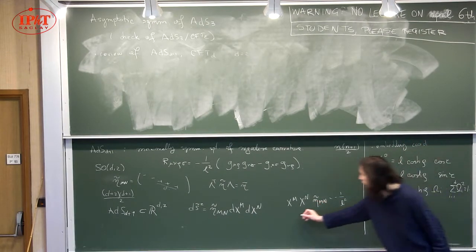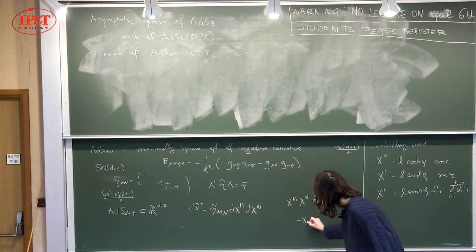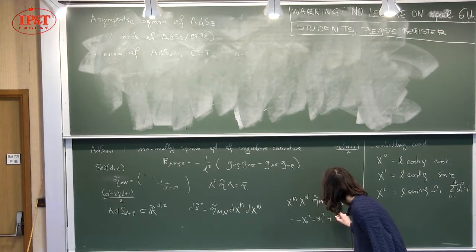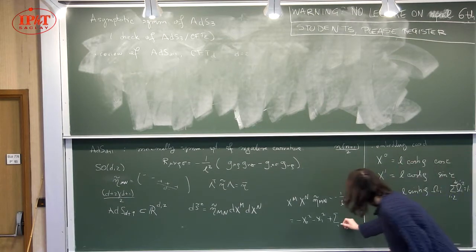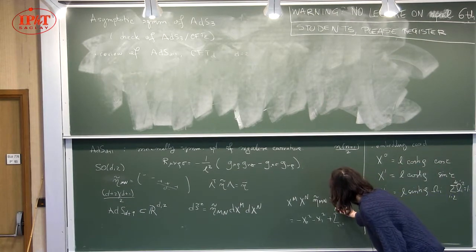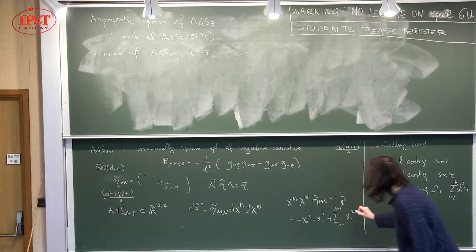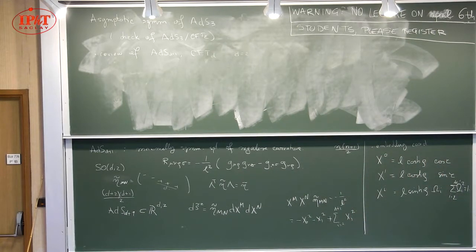Why? Because this thing is nothing but minus x naught squared minus x1 squared plus the sum over the other i's, going from 2 to d plus 1, of x_i squared. Sorry, I'm concerned with your definition of the x, eta tilde equal to minus 1 over L squared.